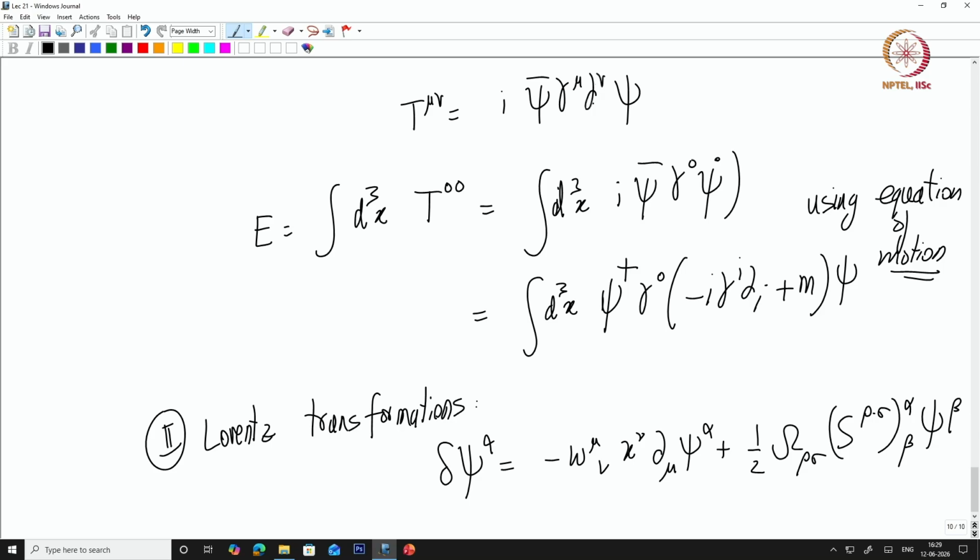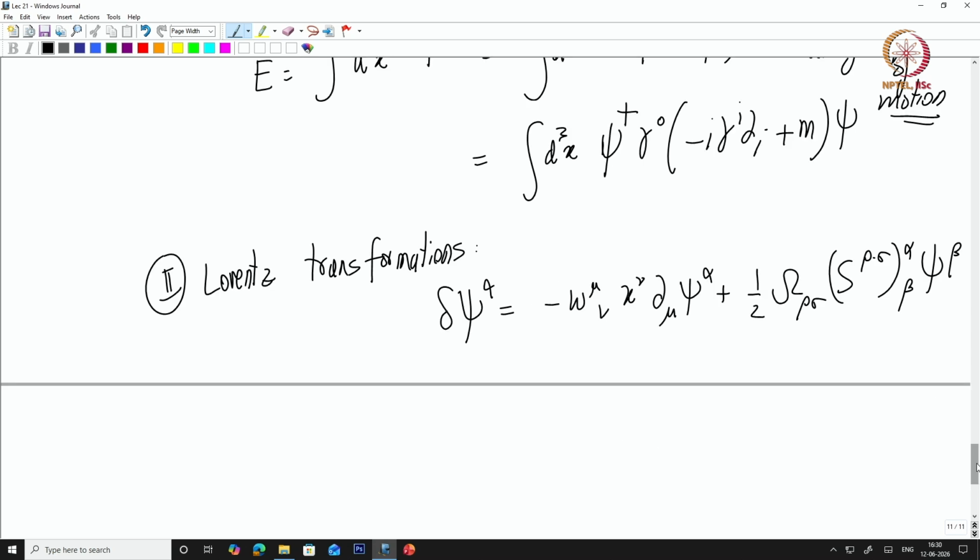So, how did we get this? We have written omega mu nu. This is just a variation in this thing, omega mu nu, the derivative. This is nothing but the rotation part essentially, and then this is the part. So this omega mu nu is half capital omega rho sigma M rho sigma mu nu, right?